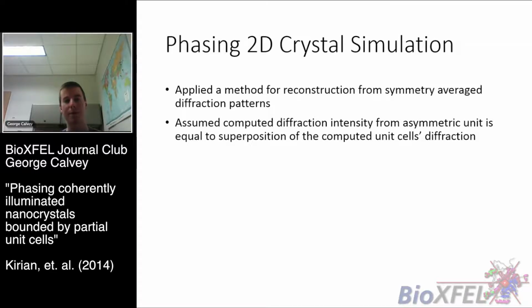Next, they wanted to see if they could move from these 500 diffraction patterns back to just the asymmetric unit. As a first pass, they assumed that the computed diffraction intensity would just be the incoherent superposition of the 4 unit cells of the computed asymmetric unit.